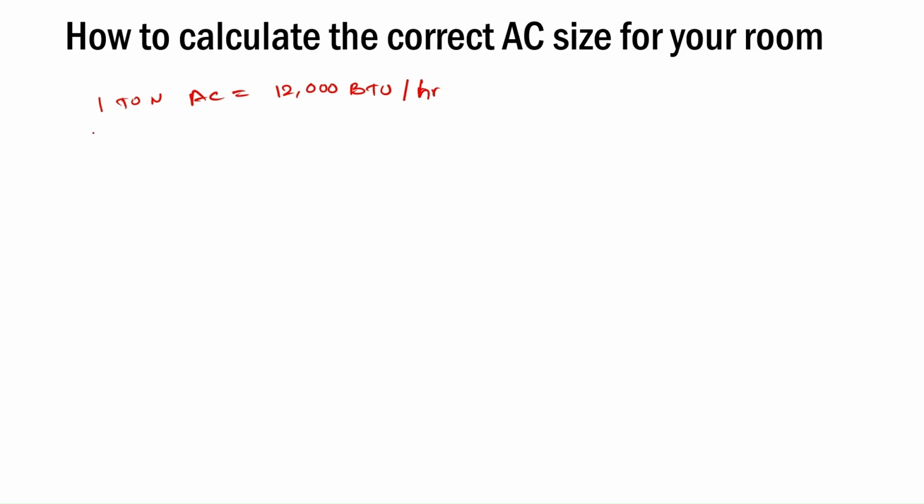Similarly, a 1.5 ton AC provides 18,000 BTU per hour, and a 2 ton AC provides 24,000 BTU per hour.